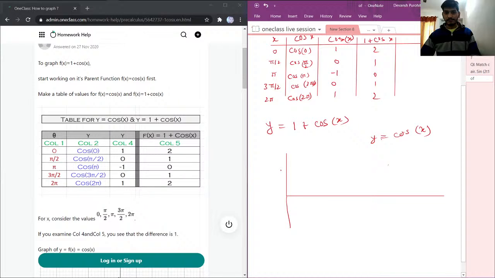So for 0 we have 1, then for pi by 2 we have 0, then negative 1, then 0, and positive 1.